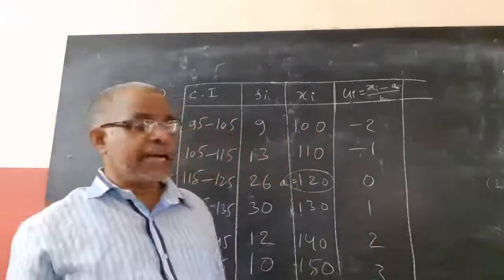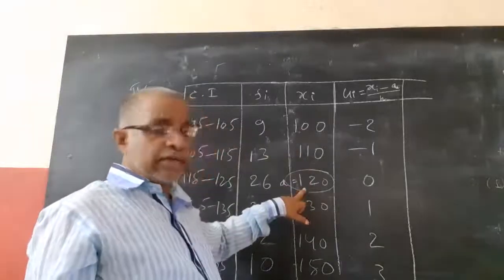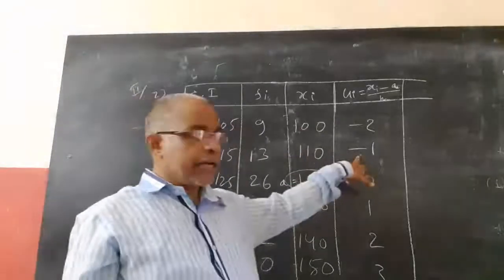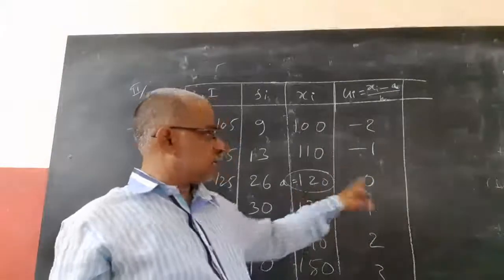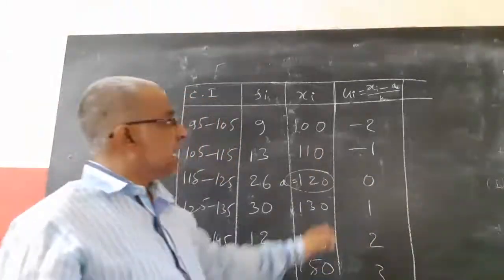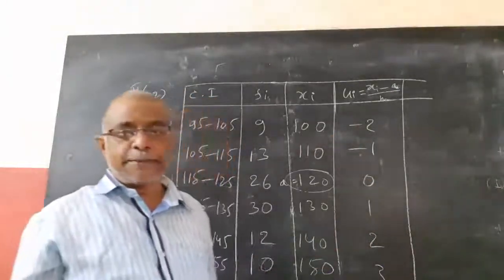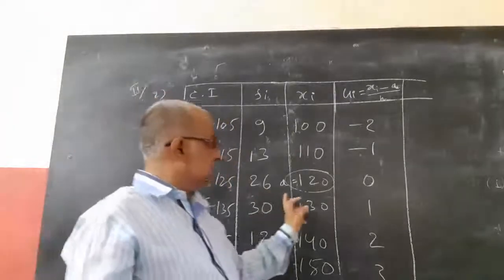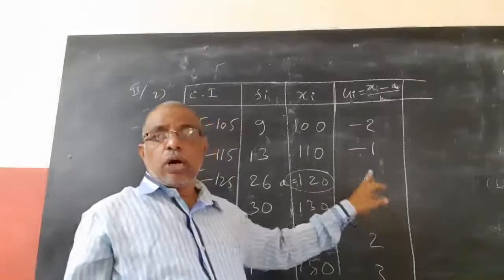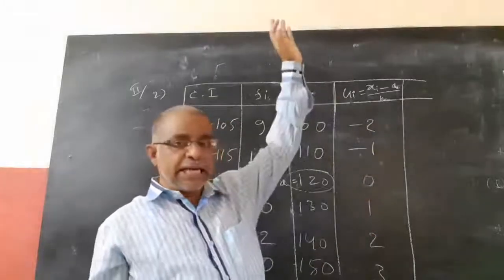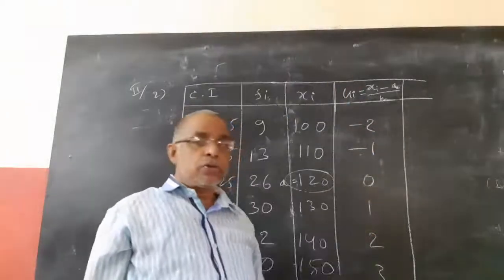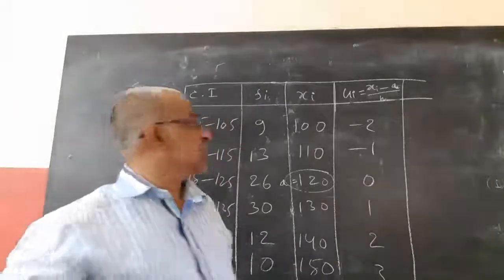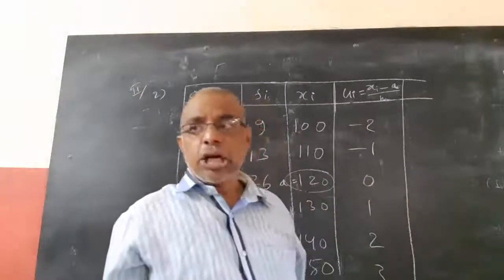For 110, minus 10 by 10 gives minus 1. 120 minus 120 is 0. Like this, xi minus a by h is found. The simple technique from 10th class is to keep 0 in the middle, go minus 1, minus 2 upward and 1, 2, 3 downward. This is called ui.